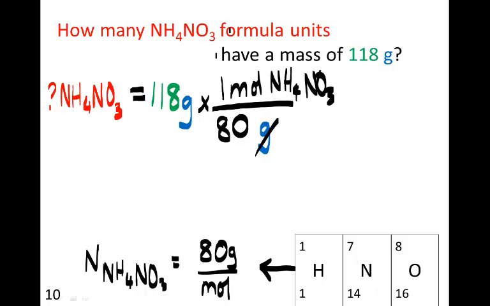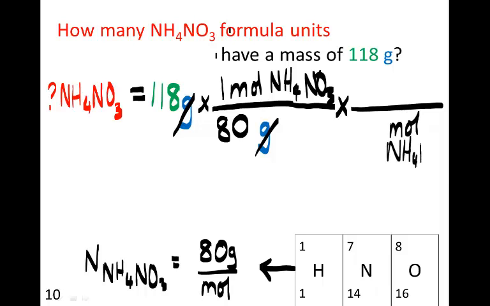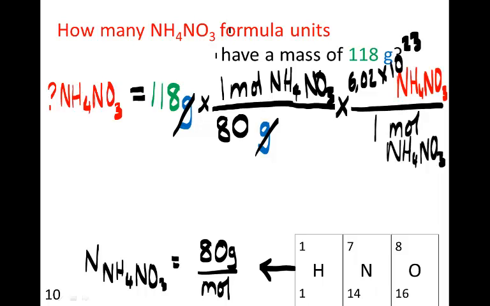And I'm happy to be able to cancel off the grams there, but I cannot stop there because I'm left with the unit mole ammonium nitrate, but I was asked ammonium nitrate, not mole. So I have to have another conversion factor which has mole of ammonium nitrate at the bottom, and the unit I actually want, ammonium nitrate, at the top. And I know that 1 mole of anything is 6,02 times 10 to the power 23 of those particles.